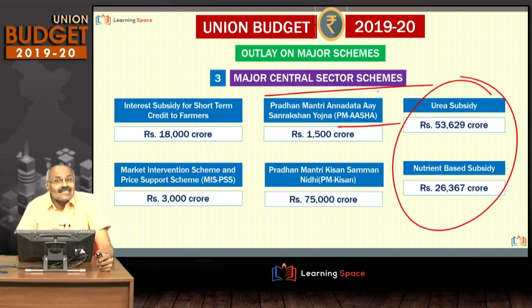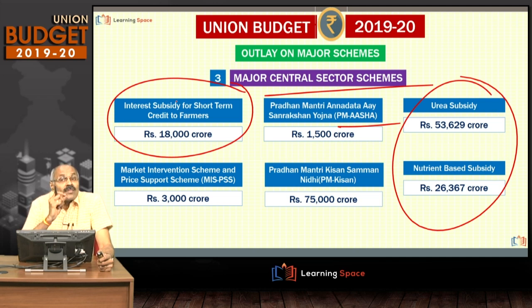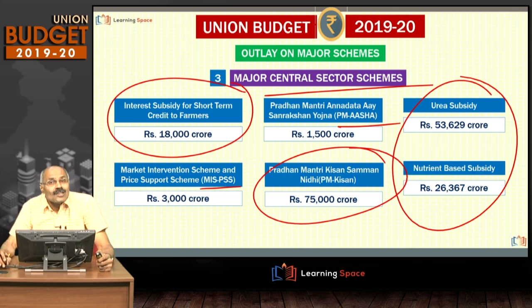These subsidies, that means fertilizer subsidies, central sector schemes, interest subsidy for crop loans. For crop loans, government gives 2% interest subsidy, and if they are paying in time, they will get 3% more subsidy. So friends, that is in fact interest subvention for the crop loans. Then this market intervention scheme and price support scheme, and PM Kisan, a huge allocation of 75,000 crores of rupees for PM Kisan, right?